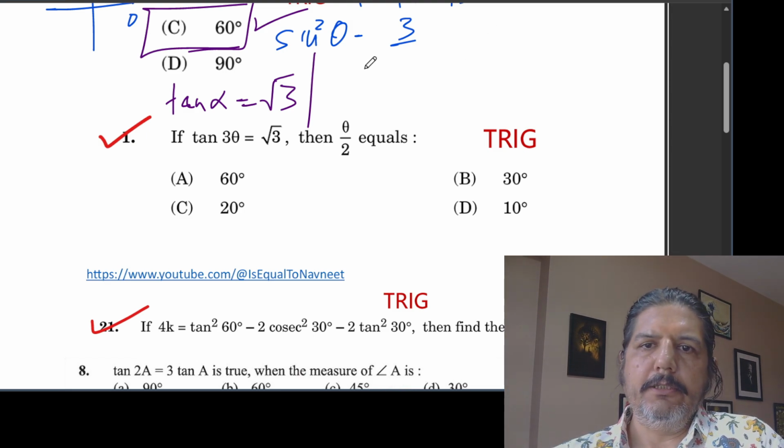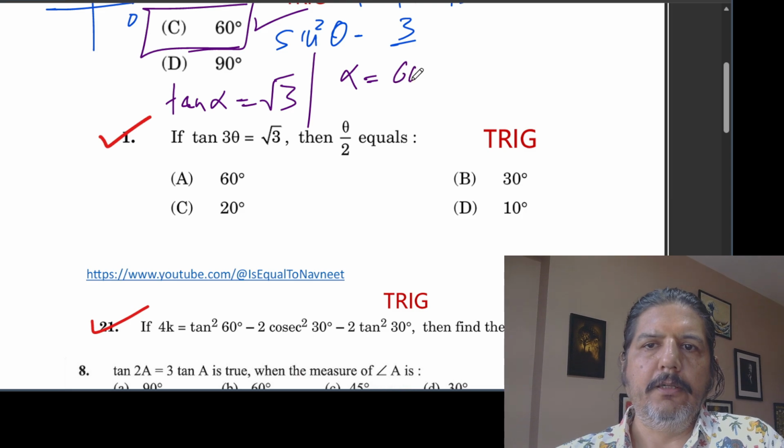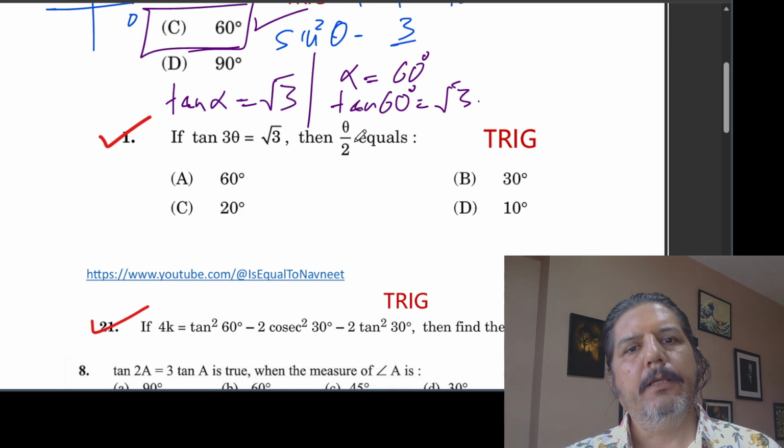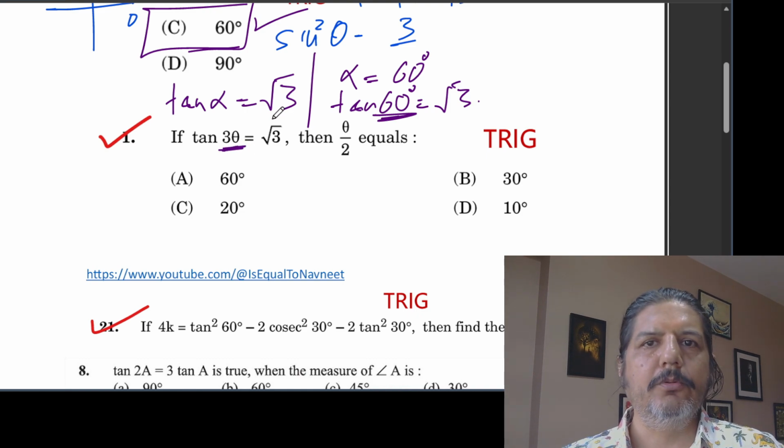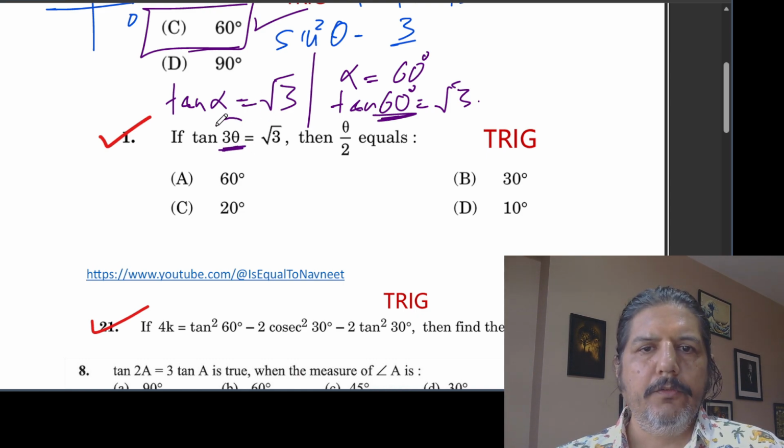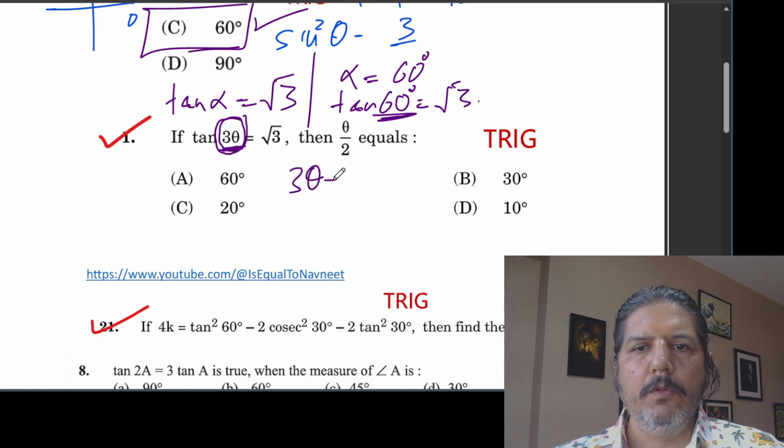If you remember, α is 60 degrees, because tan 60 degrees is root 3. Now this 60 degrees is equal to this 3θ. I hope you are able to understand this. The whole of this 3θ would be equal to this 60 degrees.